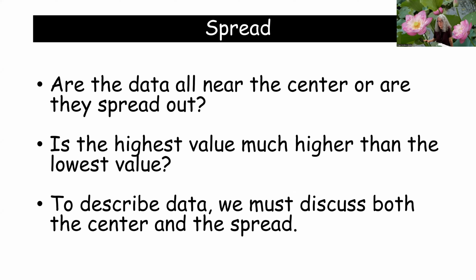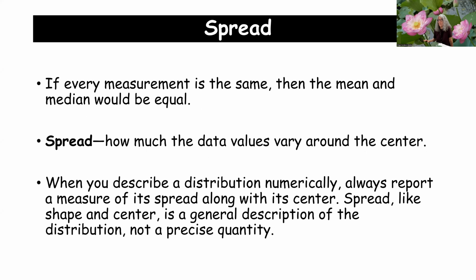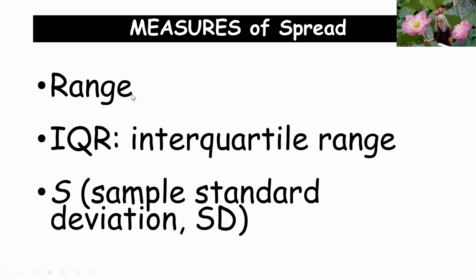Spread. Are the data all near the center or are they spread out? Is the highest value much higher than the lowest value, etc. To describe the data, we must discuss both center and spread. So let's see what the measures of spread are. We know that for center, we have the median and the mean. For spread, we have the range and the IQR, the interquartile range.